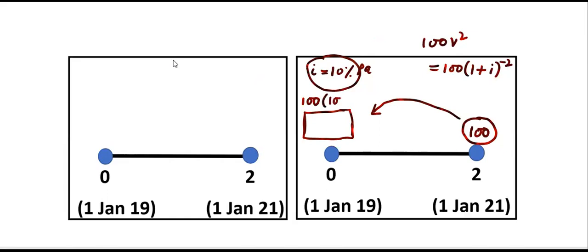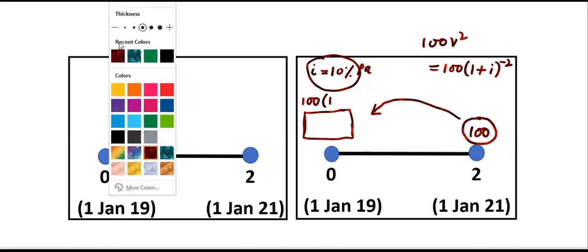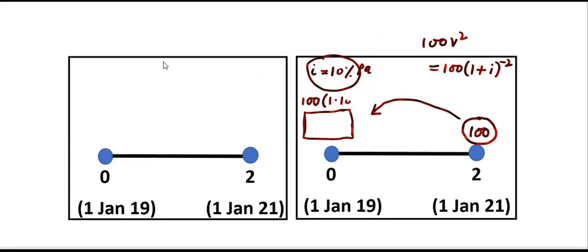I can write directly 100 × 1.10^(-2), and this will be 82.6446. You can check it. So with i, you can find present value. This is also already over. This is not new.